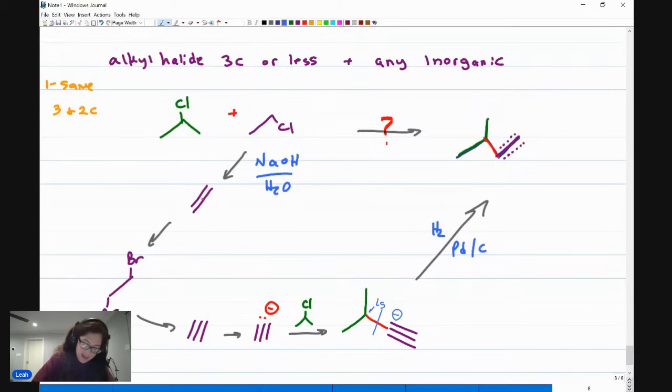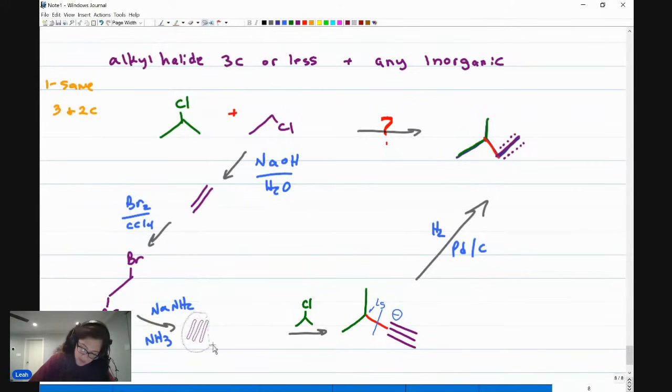Once I have the alkene, we've already seen this reaction, Br2 in something like CCl4. Where am I putting it? That goes here. That will give me the dihalide. Once I have the dihalide, NaNH2 in liquid NH3. I don't actually need to show this as a separate step.